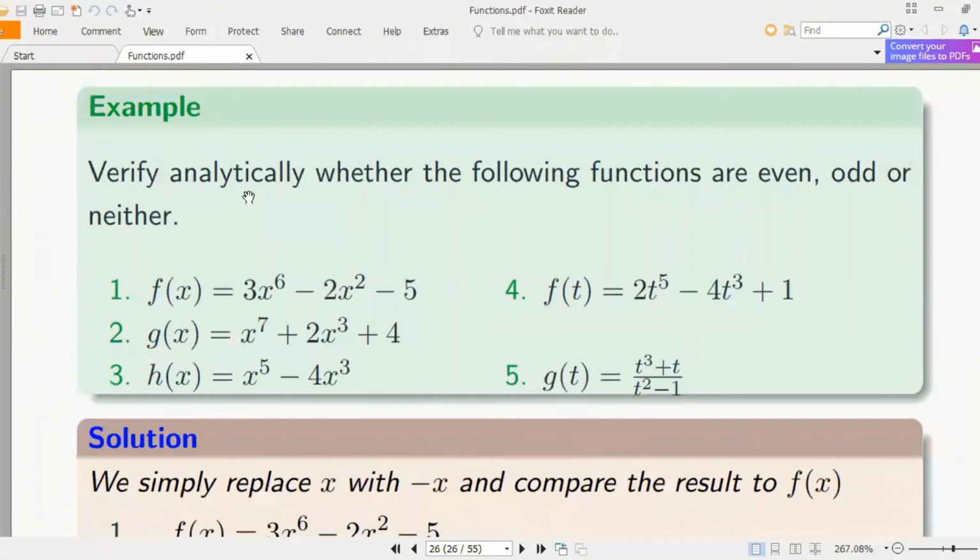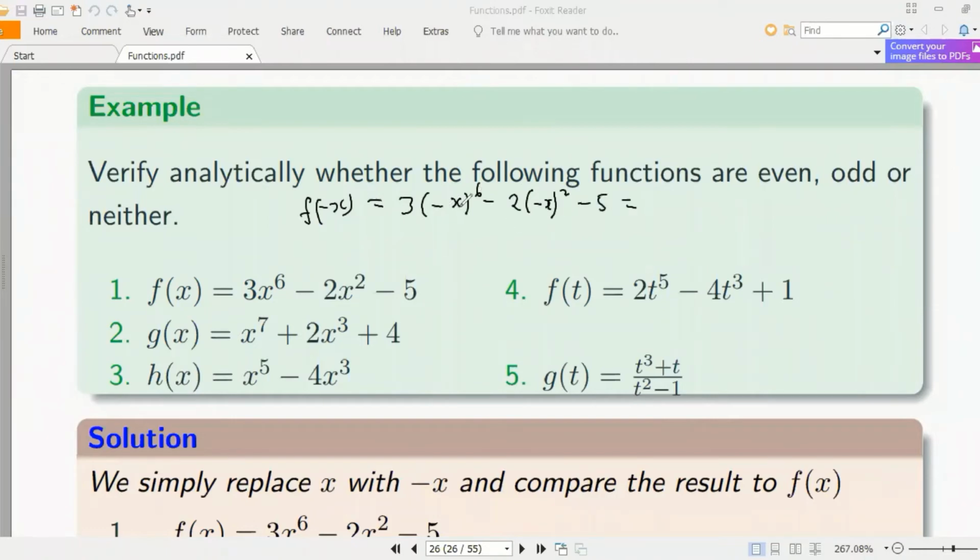Now, the question is verify analytically whether the following functions are even, odd, or neither. So we just go through the definitions. We've been given f of x. So let's just find f of negative x. What is f of negative x? Wherever there is x, just put negative x. This will be 3 times negative x raised to 6, minus 2 times negative x squared, then minus 5.